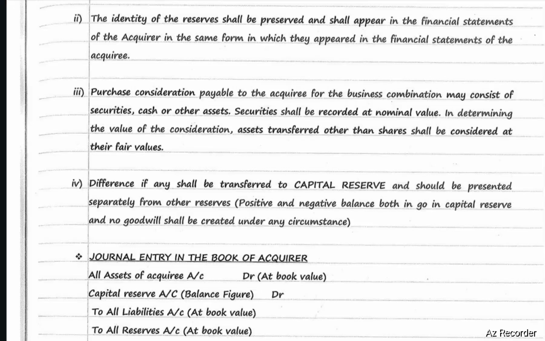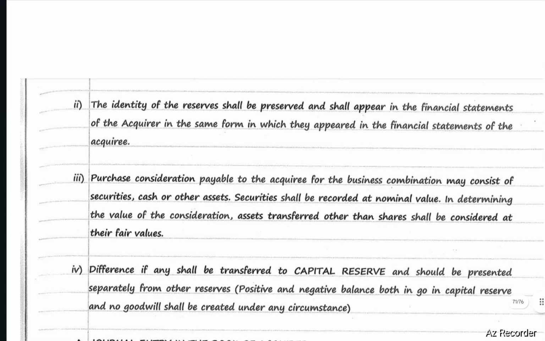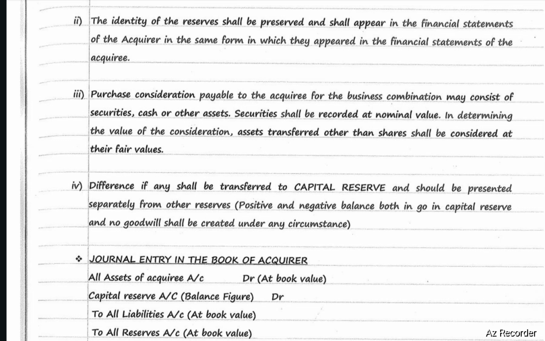Positive balance and negative balance both shall go in capital reserve, and no goodwill shall be created under any circumstances. So that means in case of common control business combination, no goodwill will be recognized. Only capital reserve will be recognized, either positive or negative.